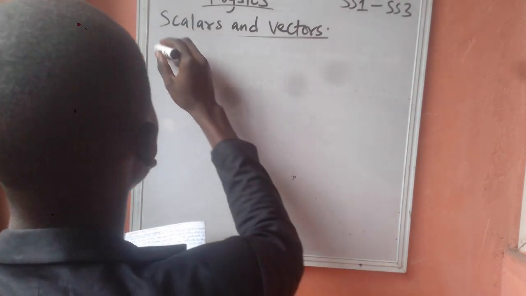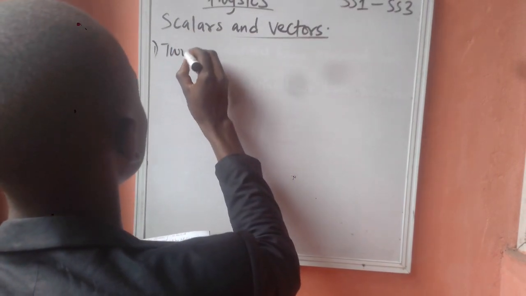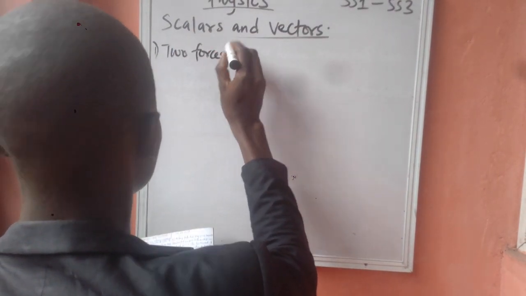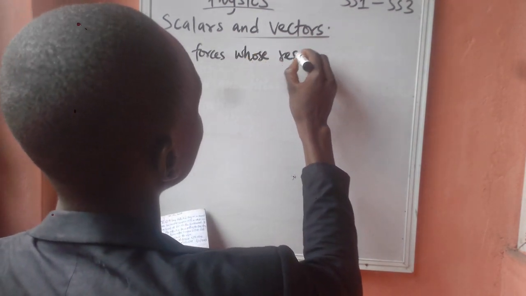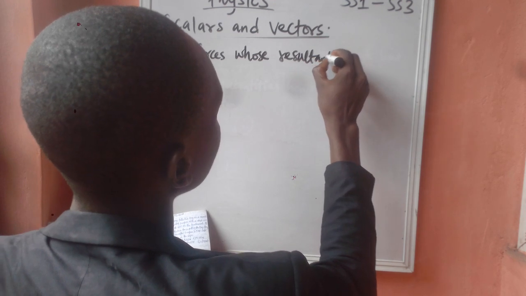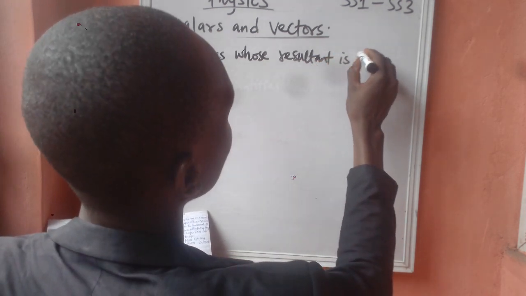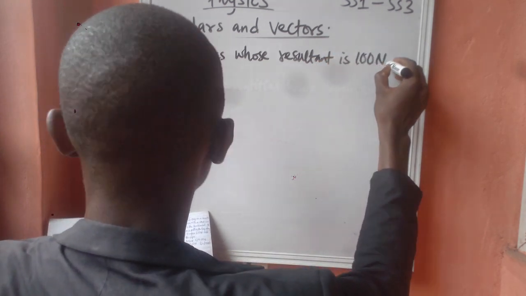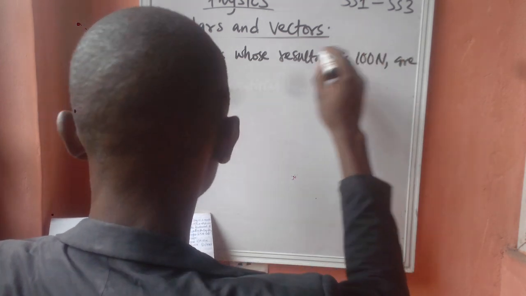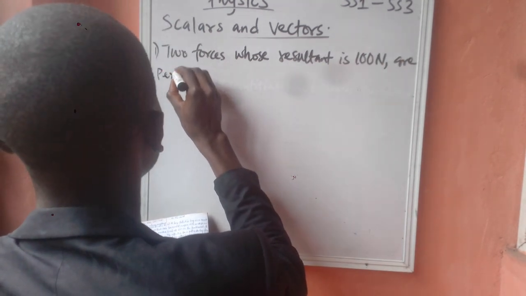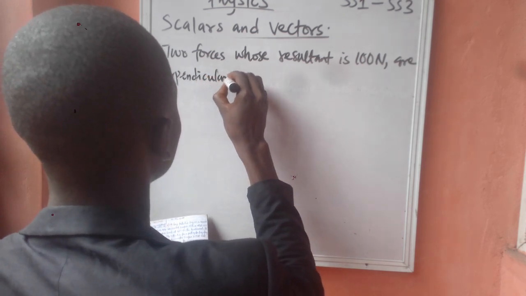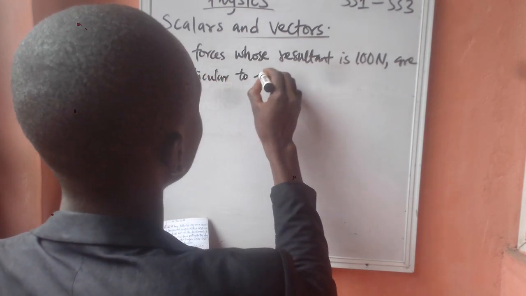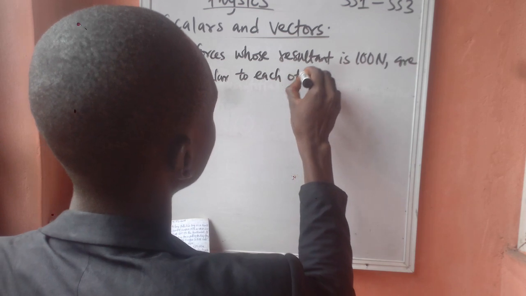First question, they said two forces whose resultant is 100 Newton are perpendicular to each other.